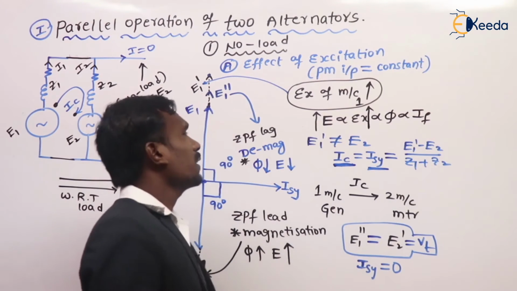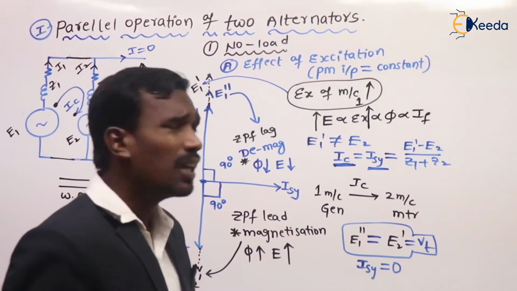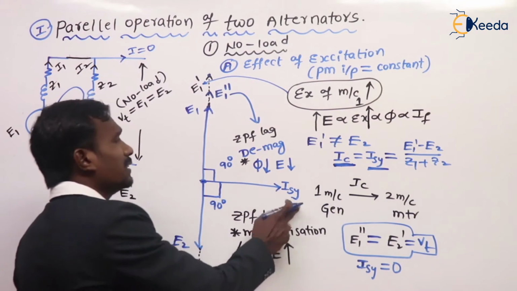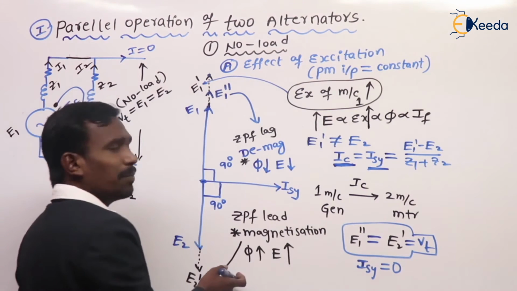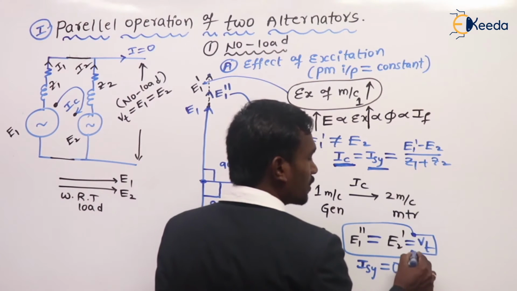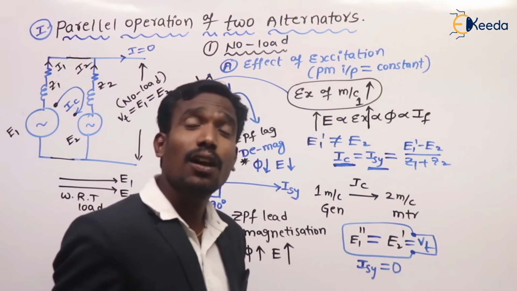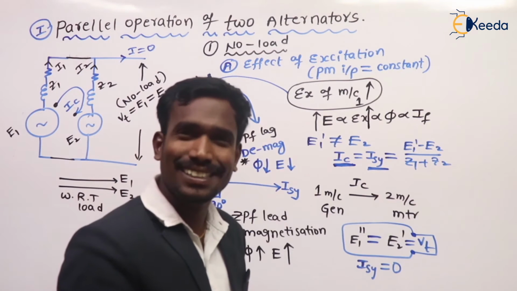See here, what happened? When the excitation of machine 1 increases, ISY comes into picture. This ISY demagnetizes machine 1 and magnetizes machine 2 in order to maintain the constant terminal voltage.